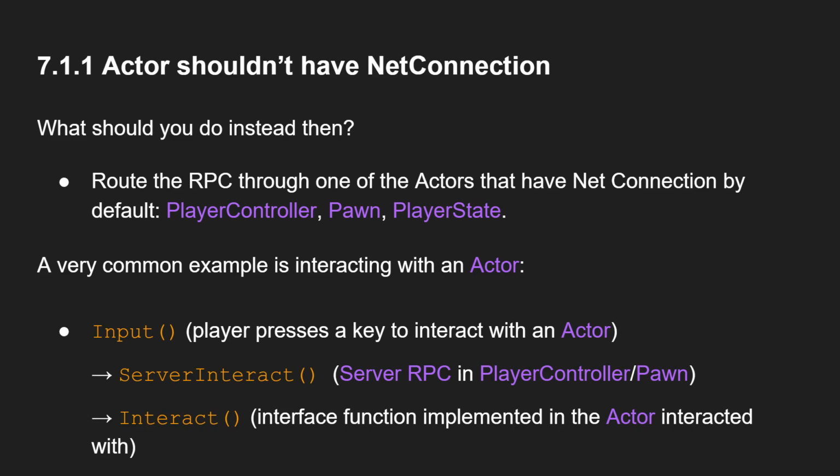And that server interact RPC would call a local function on the target actor we are interacting with, called interact, and this interact function would be implemented the way you want. For example, if you are interacting with a chest, you would do one kind of behavior, and if you're interacting with something else, another. This would probably be an interface function that you could implement the way you want on whichever actor you want.